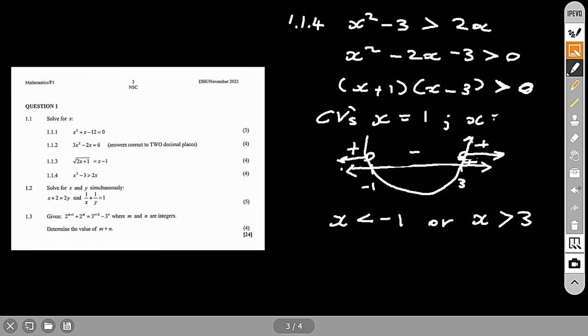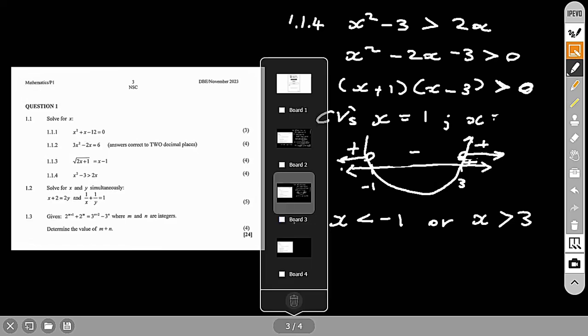It's just to understand what we're doing. So we are done with 1.1.4. I think I'll do 1.2 that side.